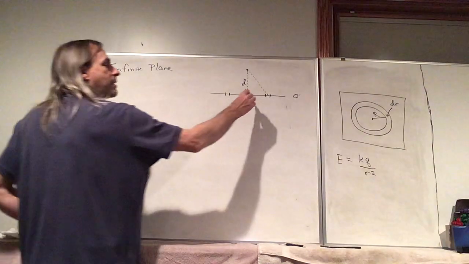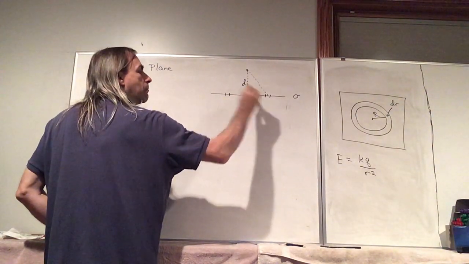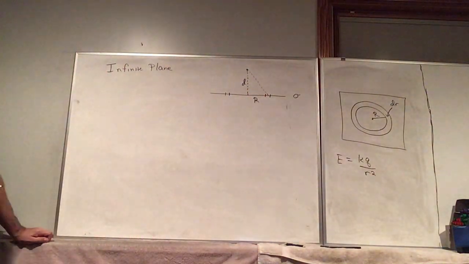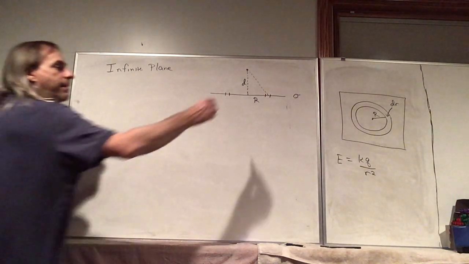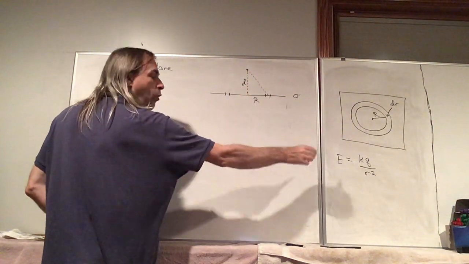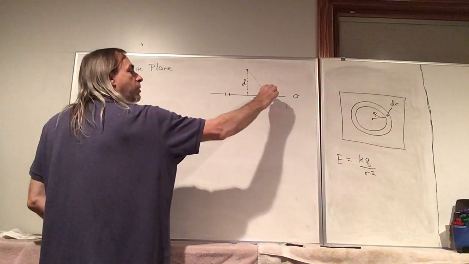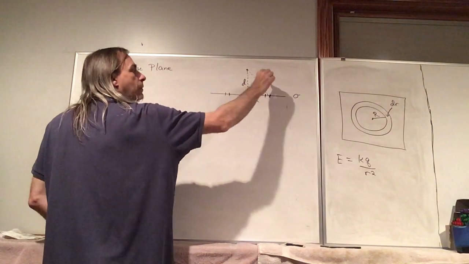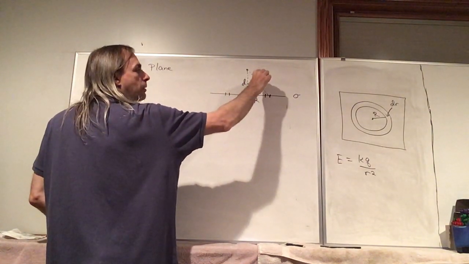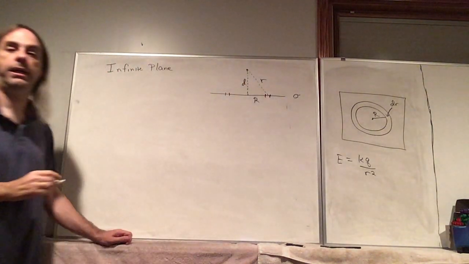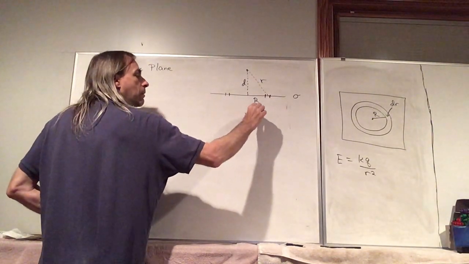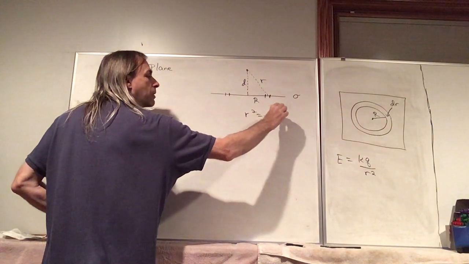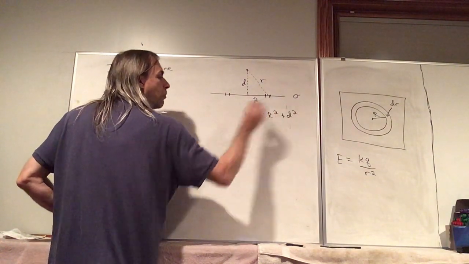So we're considering a ring with a radius of capital R. The r in the formula is the distance from the charge to our point, and that would be lowercase r. So we can see that r squared equals big R squared plus d squared.